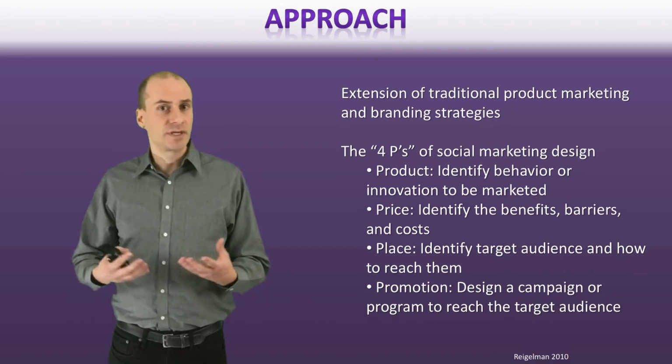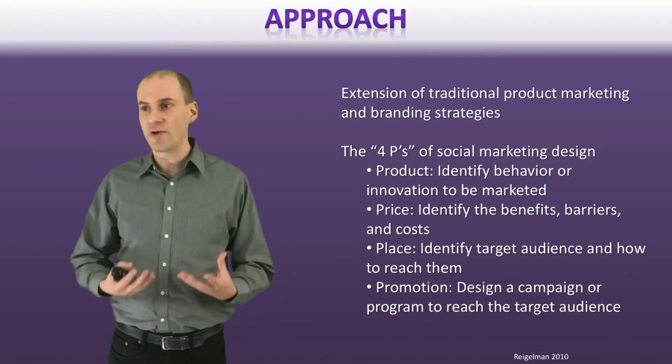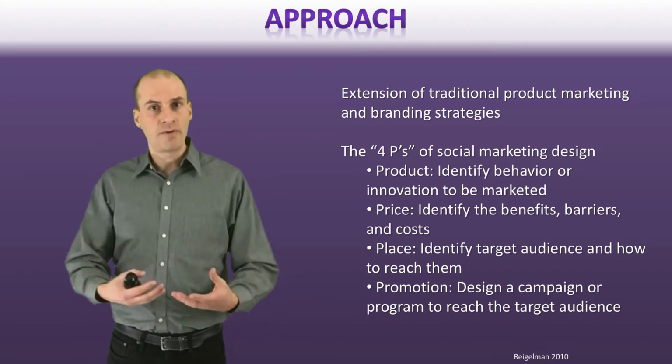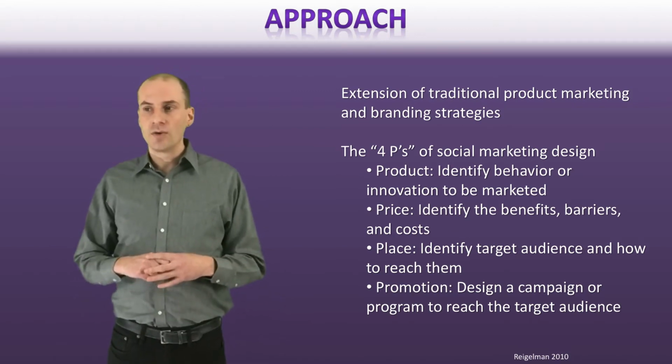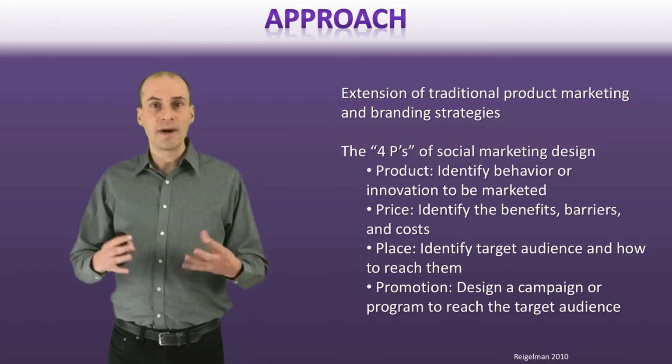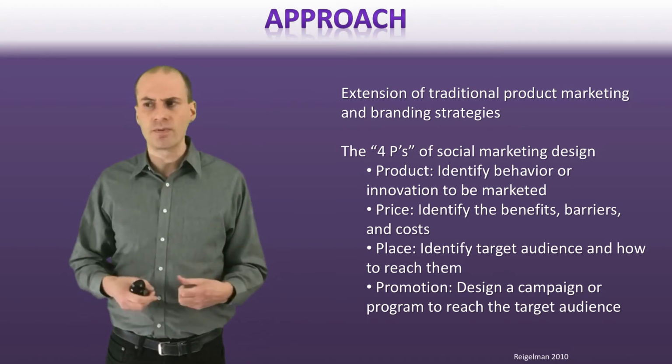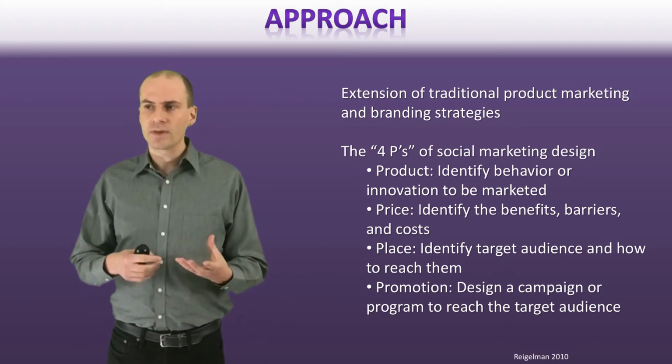Now, experts in marketing have created a framework for thinking about providing information like this. It's called the 4 Ps. So the first thing that you need to think about and clarify is what exactly is your product?